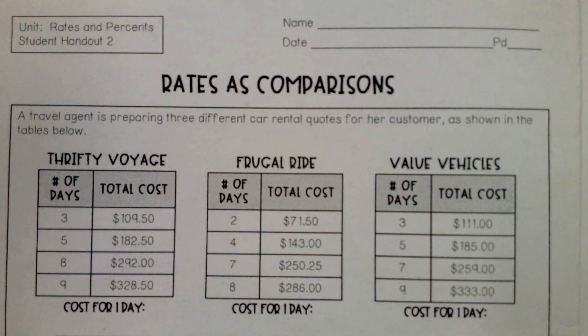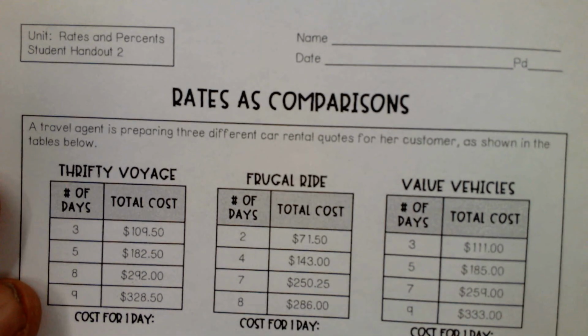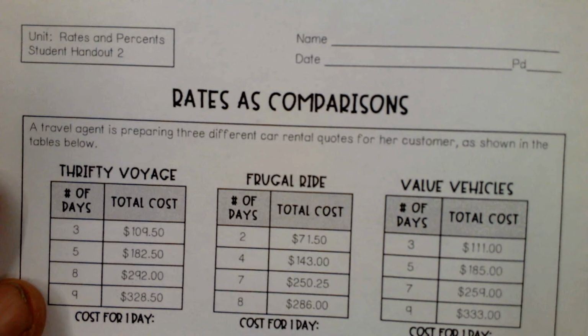All right, let's begin. So, what I'd like you and your table partner to do to get this going is pick one of the pair of values from each of these travel agents.